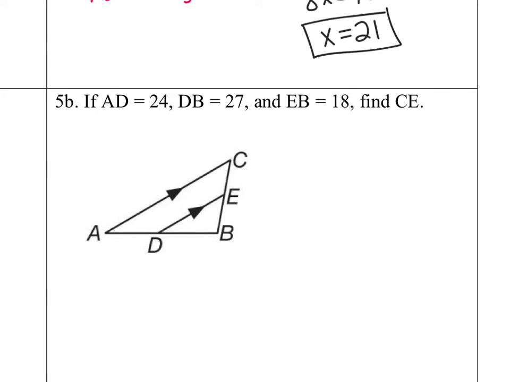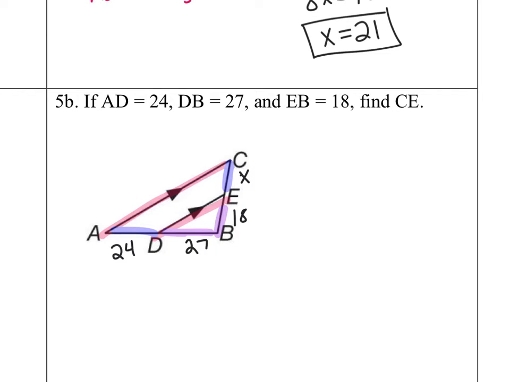In number 5, we have two parallel lines. We know that when we have two parallel lines, the corresponding parts are proportional. So if AD is 24, DB is 27, and EB is 18, we need to find CE, or in this case, X. So set up your proportions.